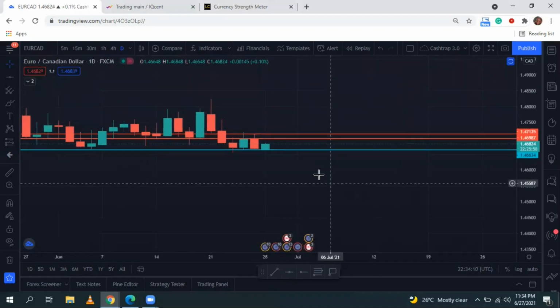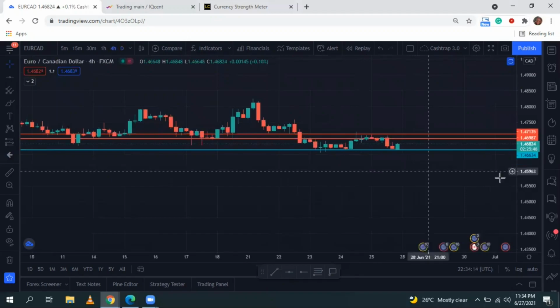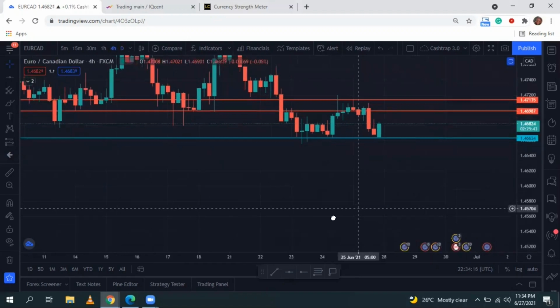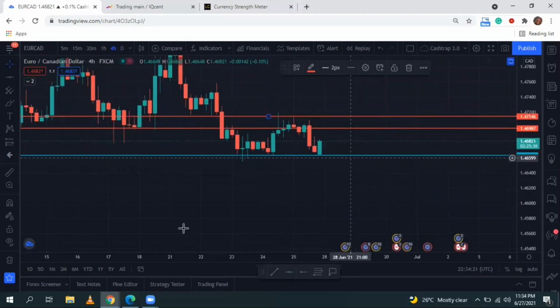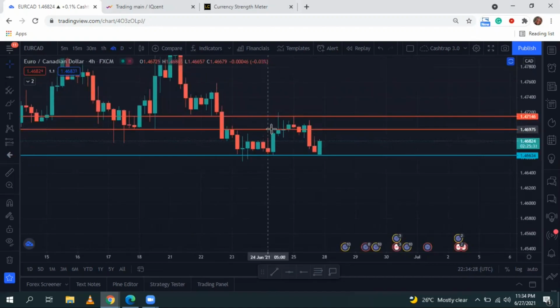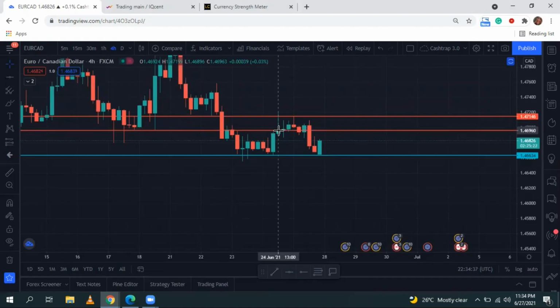So we've gotten our wicks and our body. We'll go to the 4 hours just to check what is going on. On the 4 hours, nothing much is really happening, right? We are still in the shape. Okay, we can get it the right way.